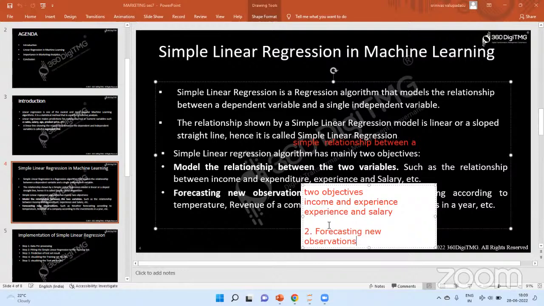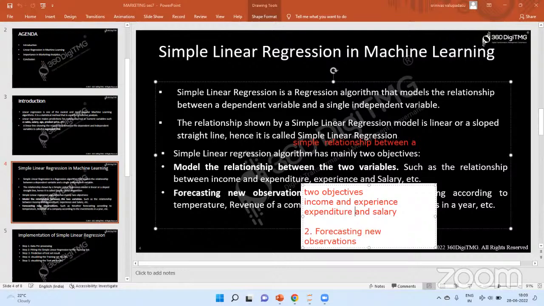Suppose we have data with two columns, expenditure and salary. If we have the salary, we can predict what the expenditure will be, or vice versa.